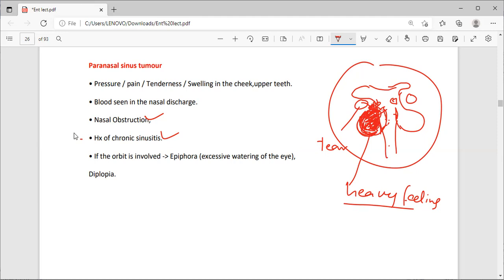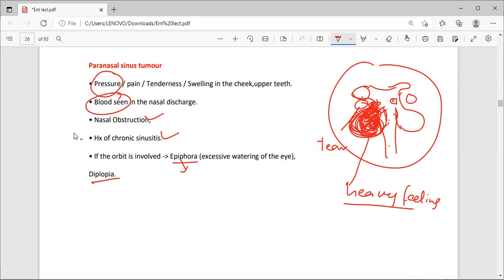If the orbit is involved, epiphora will be there. If the tear duct is blocked, you will suffer from epiphora, excessive watering of the eye. You will also see diplopia, and there will be pressure symptoms. If you push on the maxillary sinus or the frontal sinus, it will tell you which area is more bothersome and painful to touch.